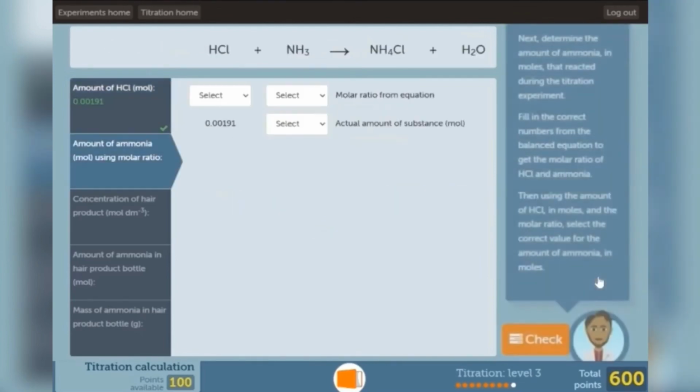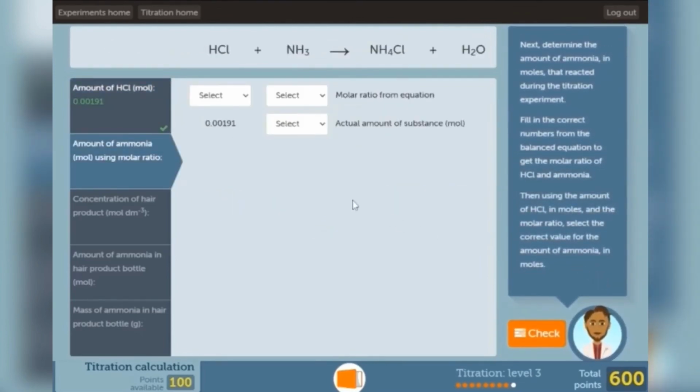Next, we calculate the amount of ammonia. The ratio of hydrochloric acid to ammonia is 1 to 1. So the amount of ammonia is 0.00191 mole.